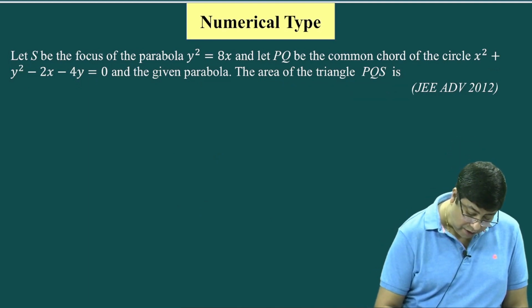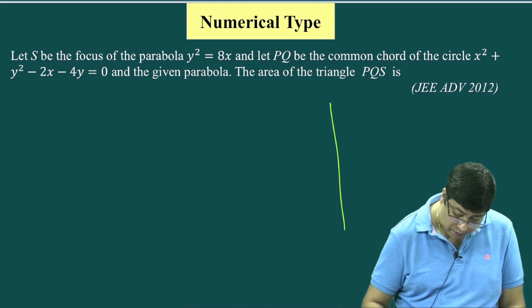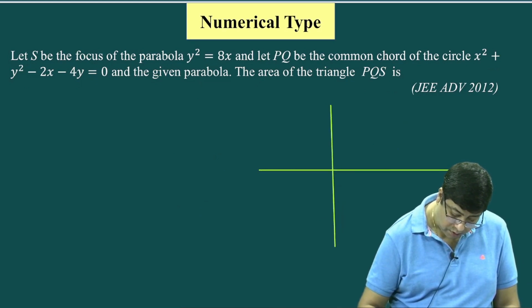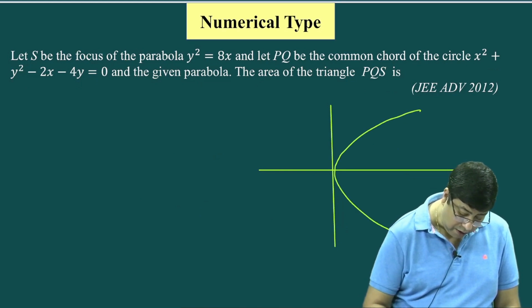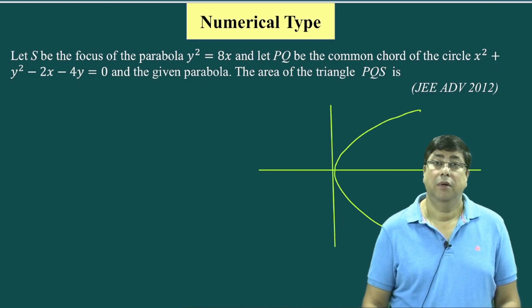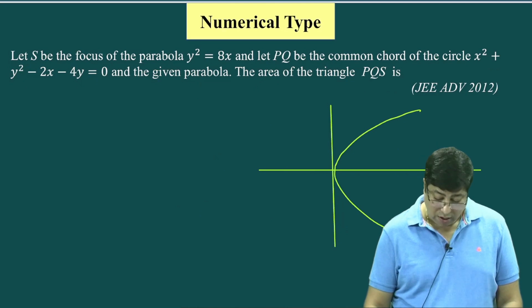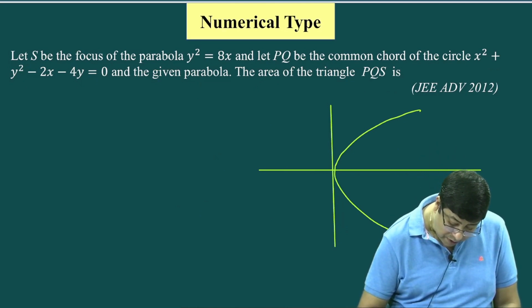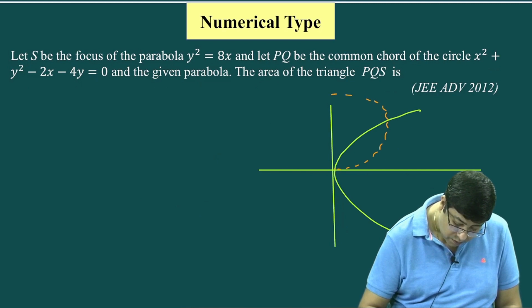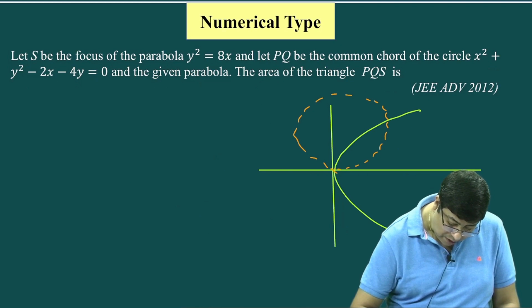Let us draw the diagram. This is a parabola, and if we draw the proper diagram, the sum will be solved there. Just some calculations. Suppose this is a circle, and we are talking about this.